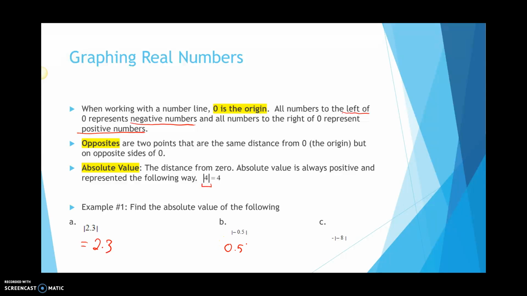Absolute value is always positive, but C would be an exception of that, because notice you have a negative outside the absolute value sign and then negative within the absolute value. So this is saying negative the absolute value of negative 8. Well, the absolute value of negative 8 is 8, but you have this negative sign outside of the absolute value. So our answer there is actually going to be a negative 8.